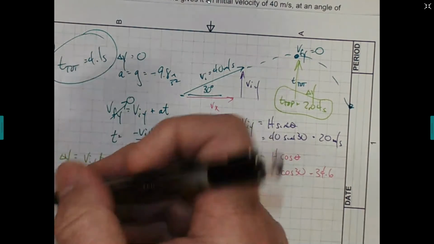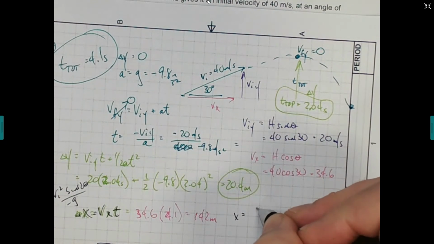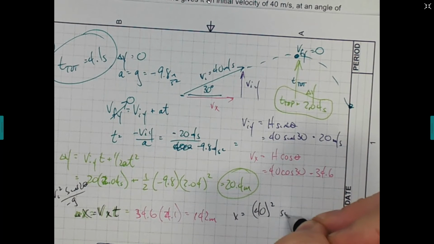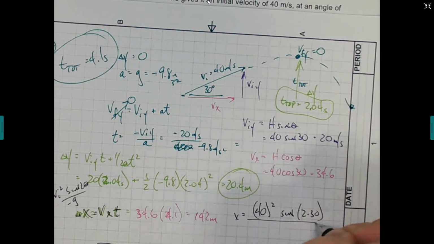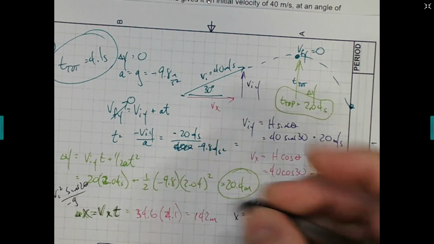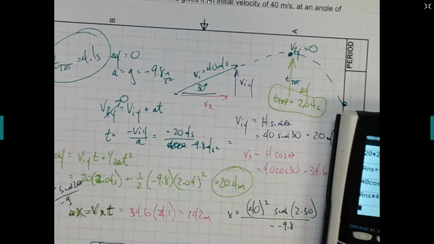Let's try this again. So delta x equals the 40 meters per second squared times the sine of 2 times theta, all that divided by negative 9.8. And we get 40 squared sine of 60, and all that divided by 9.8.